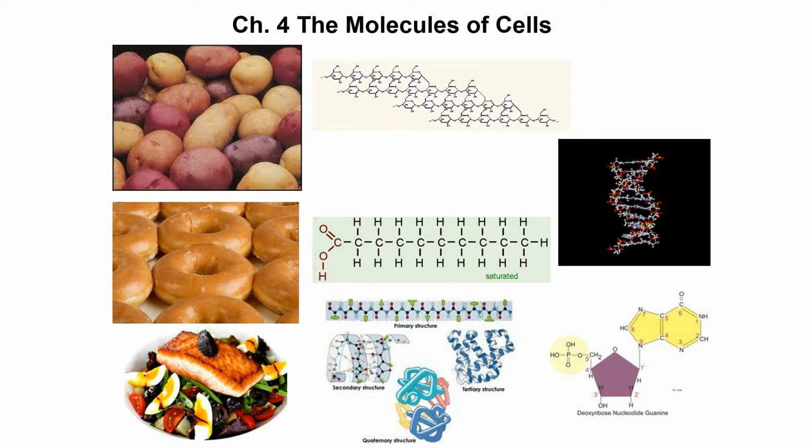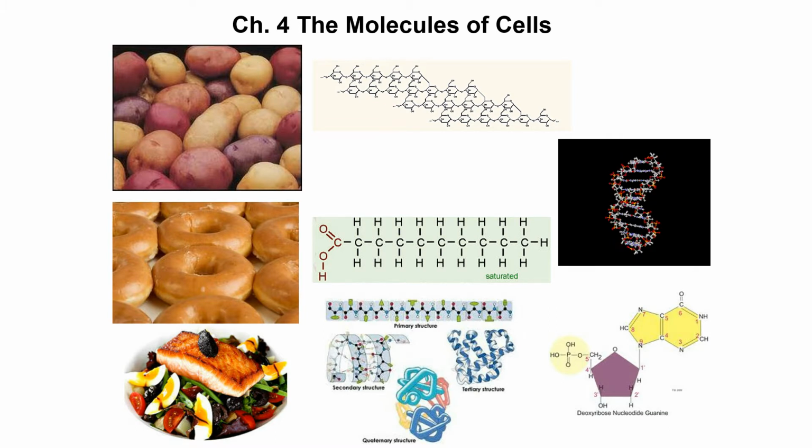We've been talking about different types of atoms, different types of molecules, and different types of chemical bonds, and how those chemical bonds affect the properties of those molecules. Now we're going to begin to build on that. We're transitioning from talking about basic molecules to biological molecules.